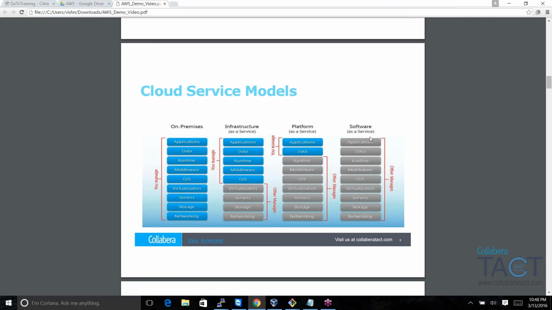And there is another type of service called platform as a service. In platform as a service, the end customer, that is me in this case, is going to manage only the application and data.